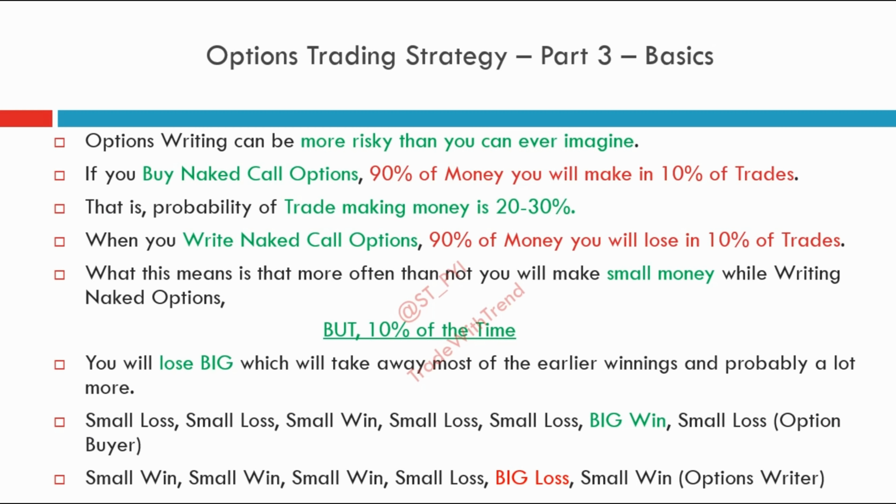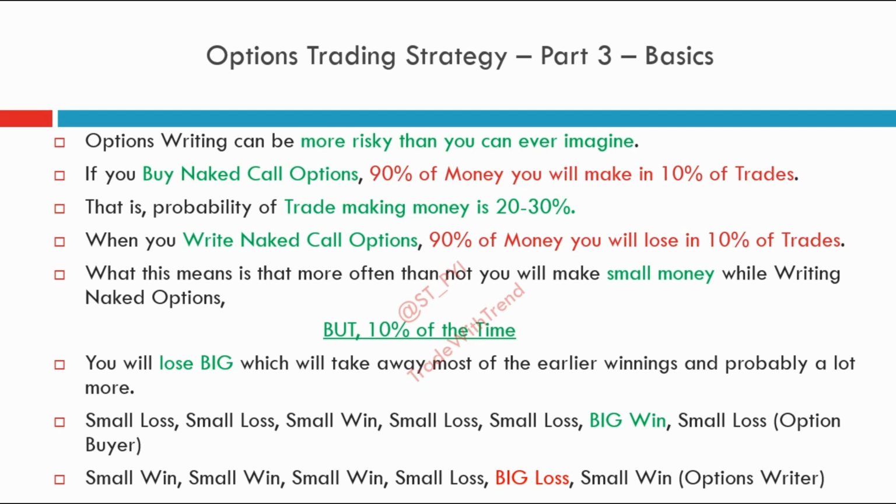So I'll give you two scenarios here. One is for an option buyer and one is for an option seller. That is, one trader who goes out and buys an option, that is buys a call option or put option, and another trader who goes out and sells an option first, who's basically an option writer. So if you're a buyer of options, 90% of the money that you'll make comes from just 10% of trades. Why is it so?